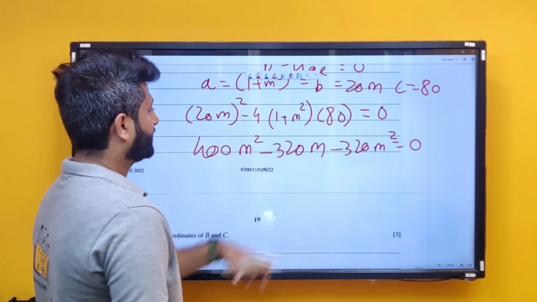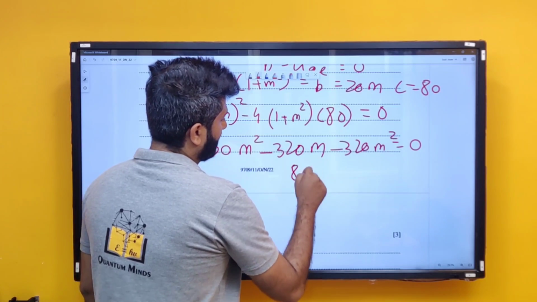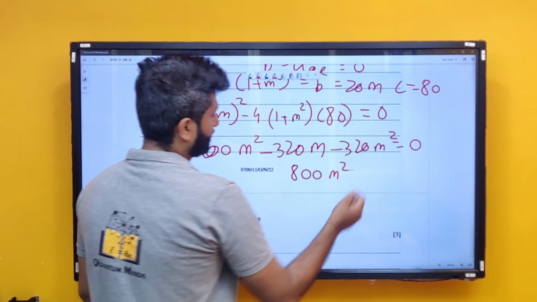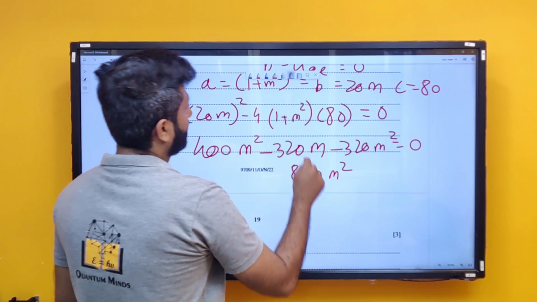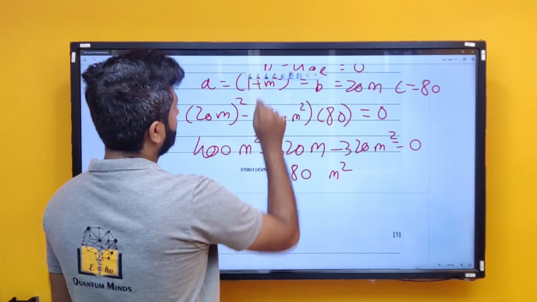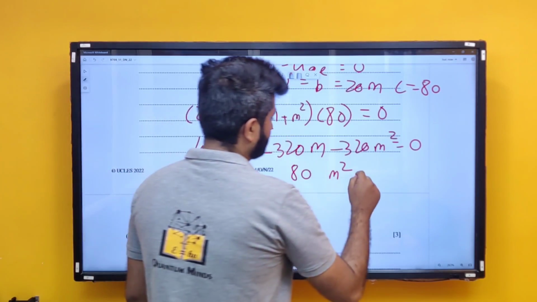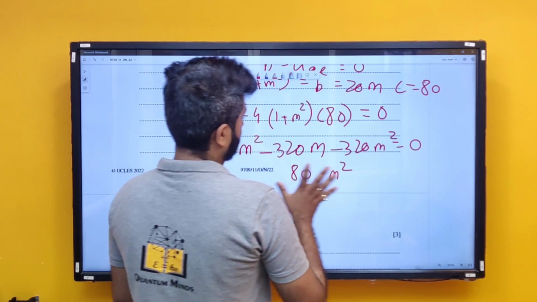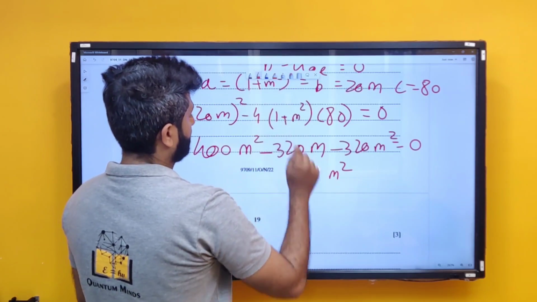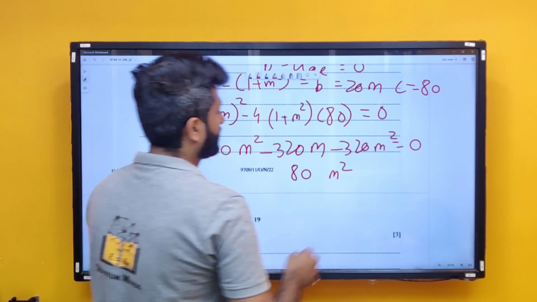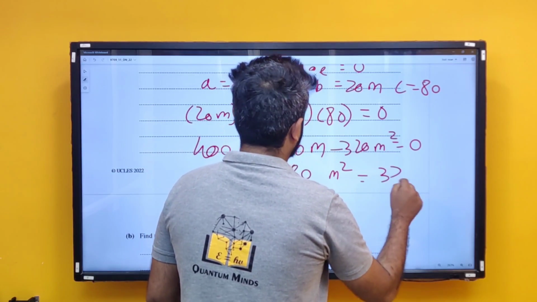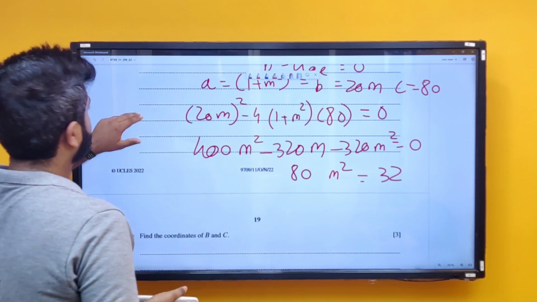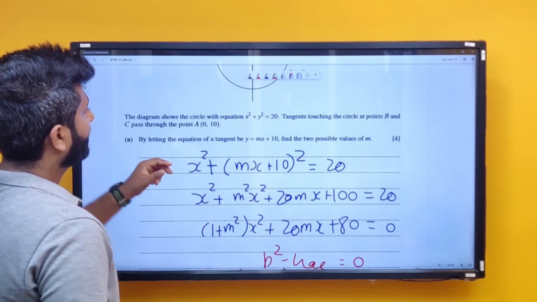So from here, 400 minus 320 is 80m squared equals 320. Just a second guys, I think I have made a small mistake.